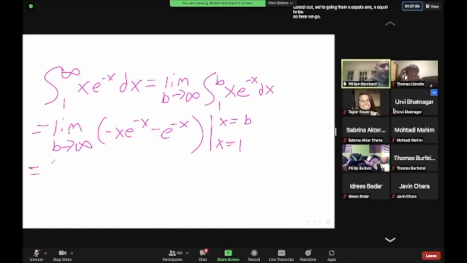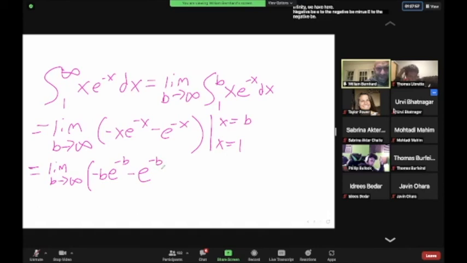So here we go with the fundamental theorem of calculus, f of b minus f of a, limit as b goes to infinity. We have here negative b e to the negative b minus e to the negative b. So that's what we have here. So I'm going to put big brackets.